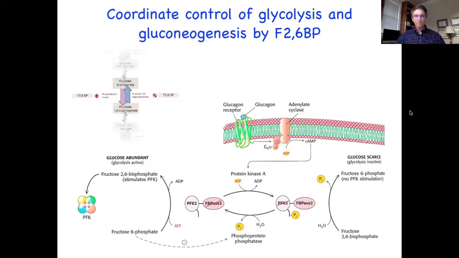At the same time, there's a protein phosphatase that will complete our cyclic cycle on PFK2, clip this phosphate off, and return PFK2 to its most active form.